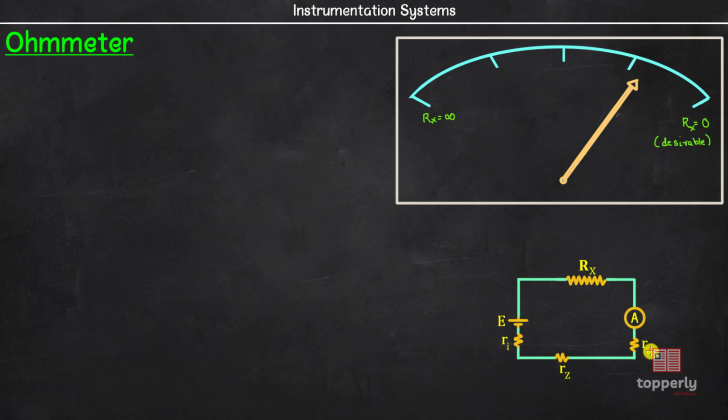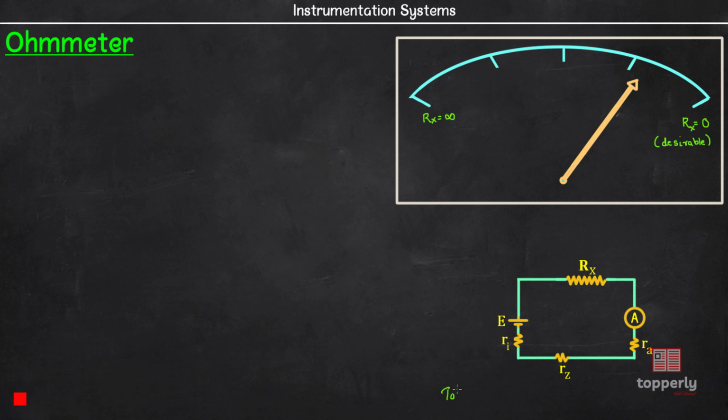Similarly, the ammeters will also have some internal resistance Ra. Also, the connecting wires will have some resistance, and then there are contact resistances and lead resistances. Let's denote all of them as Rz.